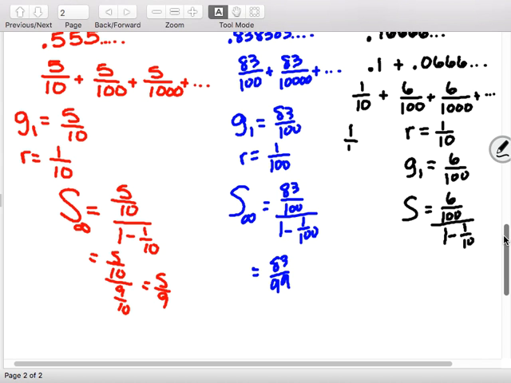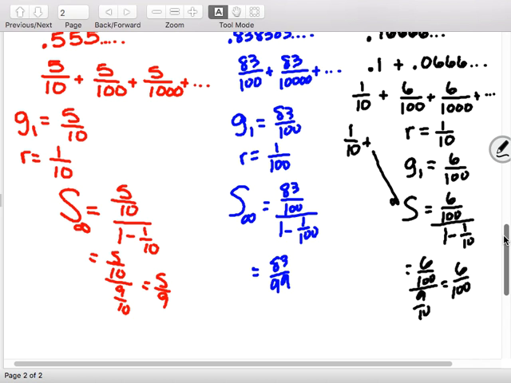And then we're going to add that together when we're done. So do you understand that? The 6666 that's repeating, that's the only thing that's going to go in my sum of an infinite geometric series. So this is going to be 6 over 100 over 9/10.